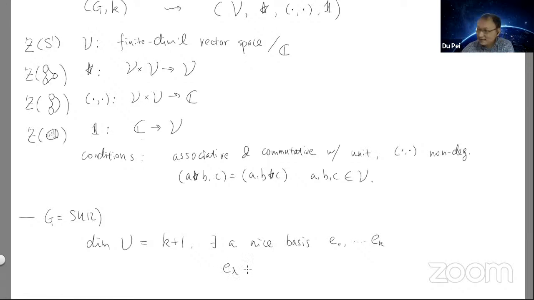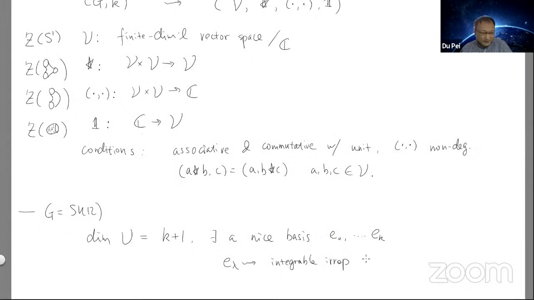And E lambda, they are in one-to-one correspondence with integrable irreducible representations of the loop group of SU2 at level K. And lambda can be viewed as elements in the weight lattice of SL2.